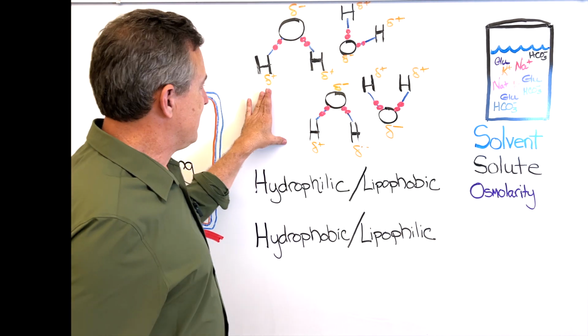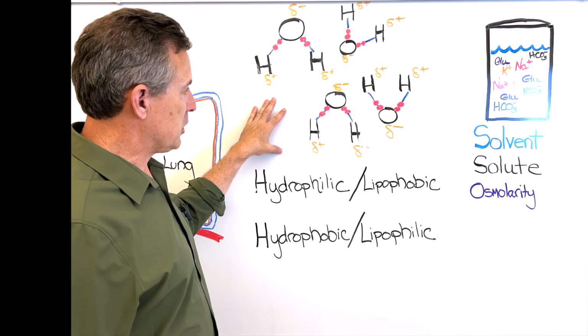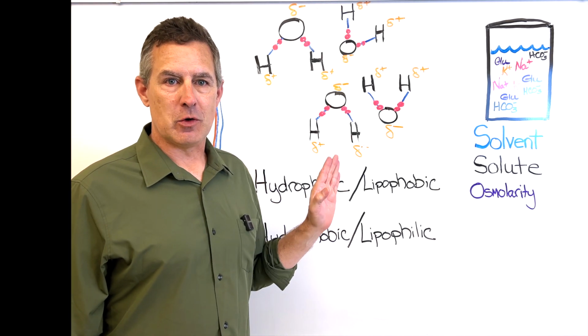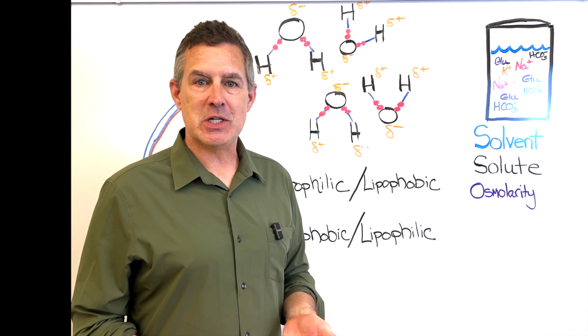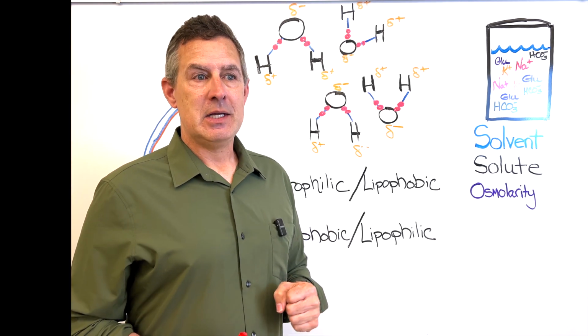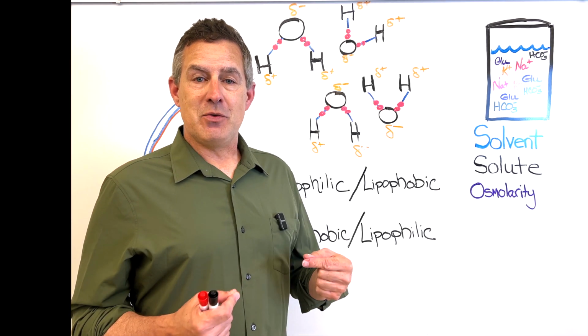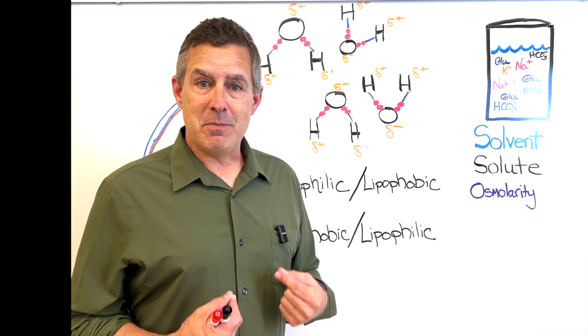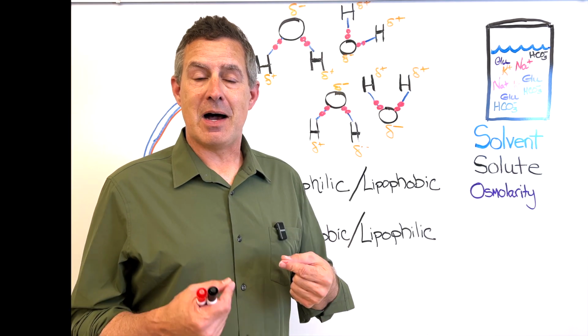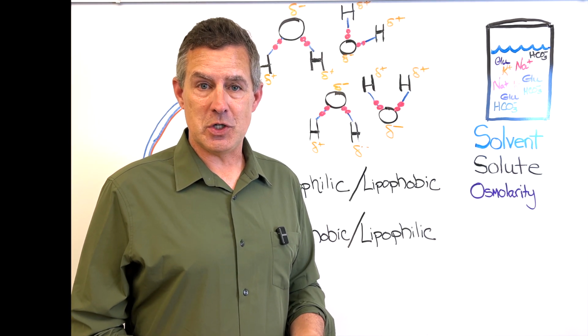Now, if we go back to this image right here with these water molecules, because water is polar, that is to say it has a positive region and a negative region, the positive regions and negative regions of adjacent water molecules tend to be attracted to each other because opposite charges are attracted to each other.